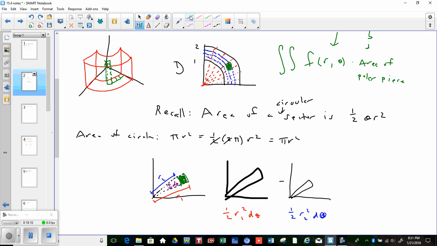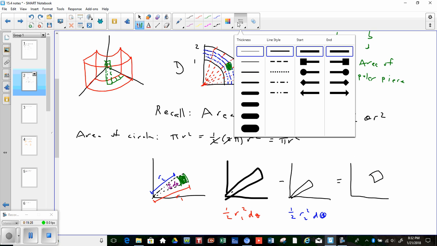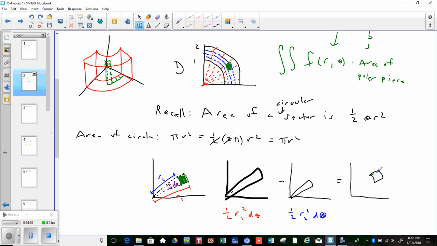Well, if I take this region and I subtract this region, that should give us that piece right there. Should have put it in green, I guess, since that was our initial green piece up here. All right, not the prettiest, but you get the idea.